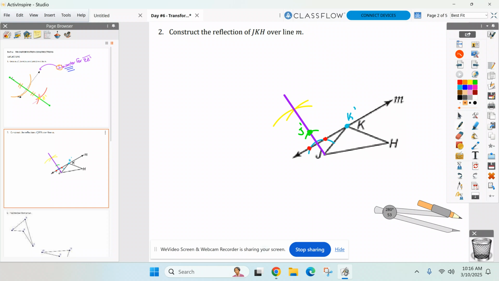Lines can be extended, remember? If you can only hit line L in one spot, extend it further.